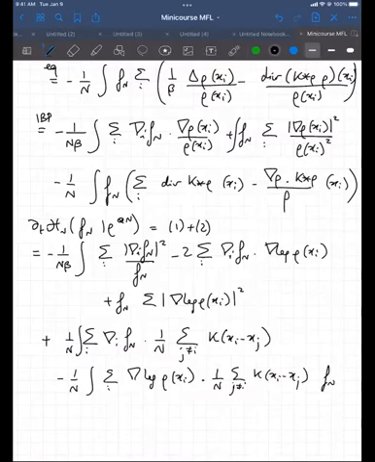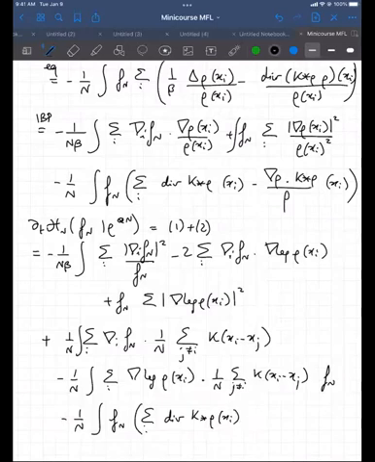This is a cross term, and then the final term is the last two here. Minus 1 over n integral Fn sum of div k convolved with rho of xi minus gradient log rho of xi dot k convolved with rho of xi.